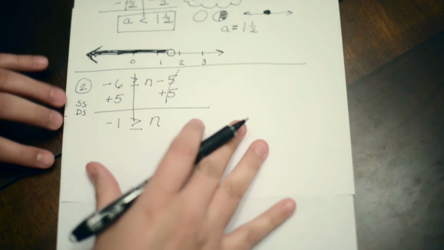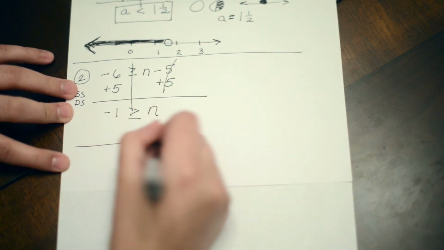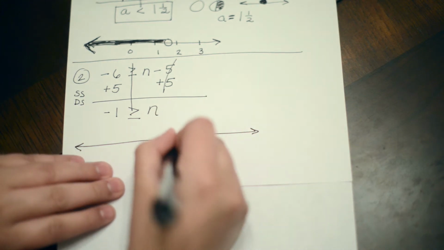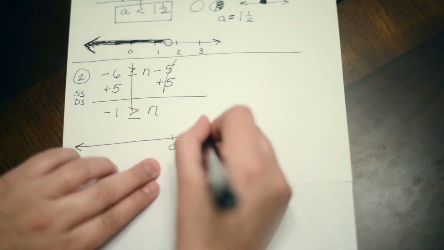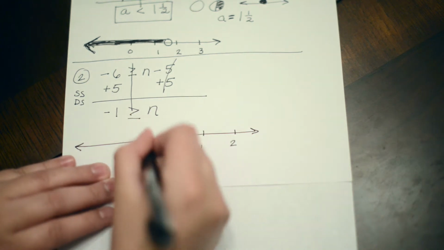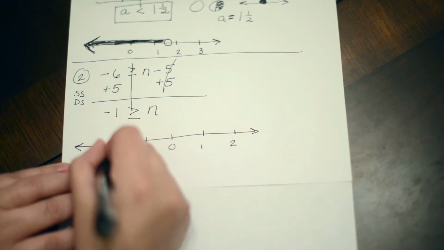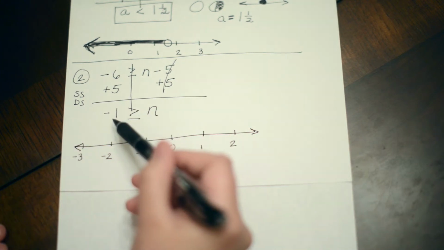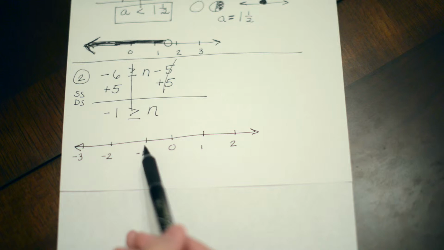So now on our number line, here you have 0, and then you would have 1, 2, and then this way you would have -1, -2, and so forth. So where would -1 go? It's right here.